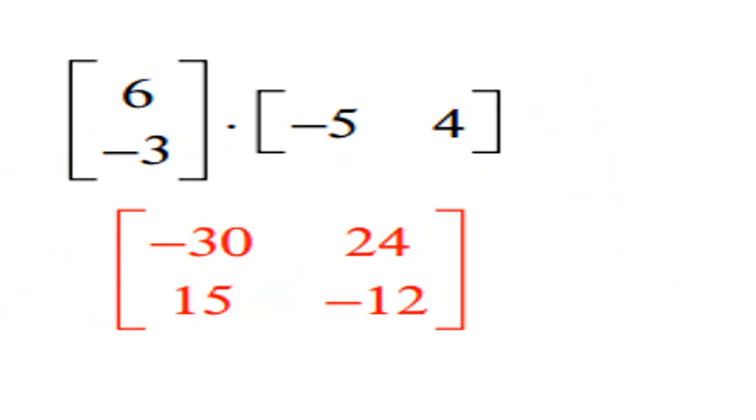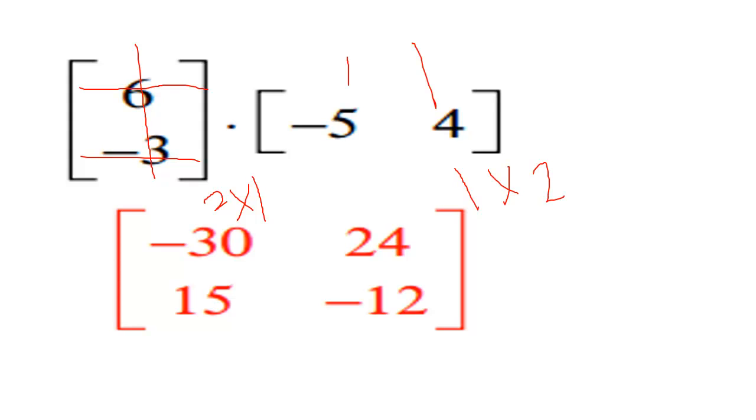So for the next example, we have here 2 rows and how many columns? Only 1, so 2 times 1. And here we have 1 row and how many columns? 2, so 1 times 2.